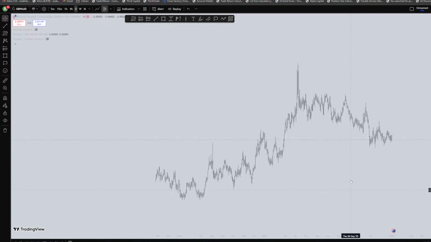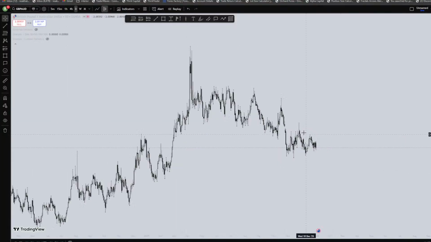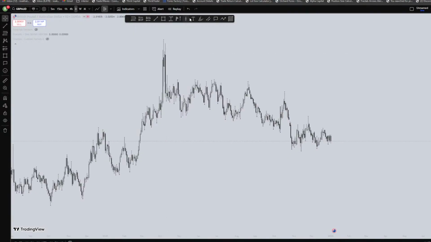Okay, looking at GBPUSD, price was rallying up, formed a peak. Looking back, this was the low of the peak, so it's sort of in an external range. Price was coming back to the 0.29 level.